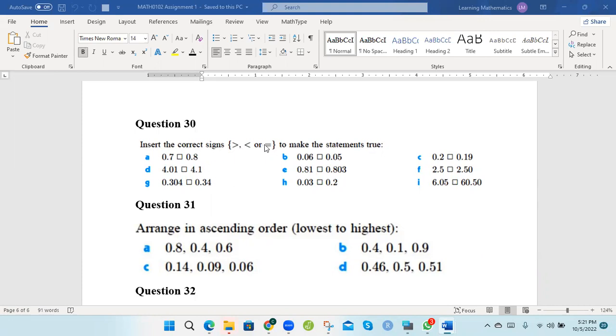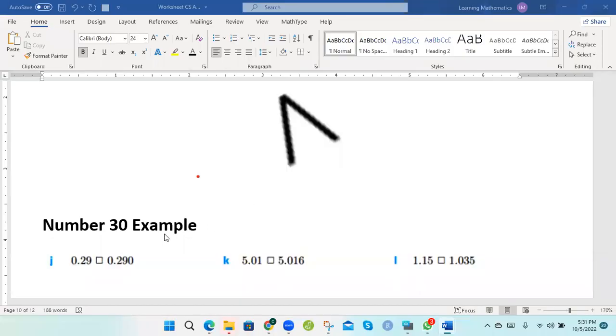So we have to insert this sign appropriately. 0.7 and 0.8, for example. So let us get an example like it. Number 30 example, the use of the inequality sign.